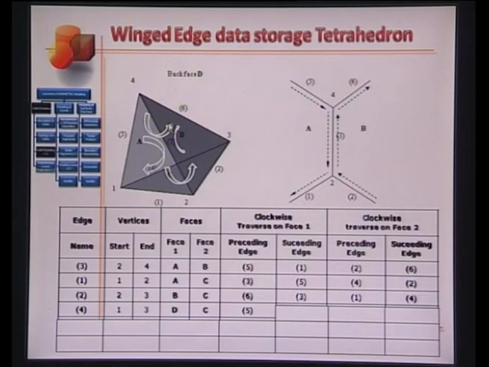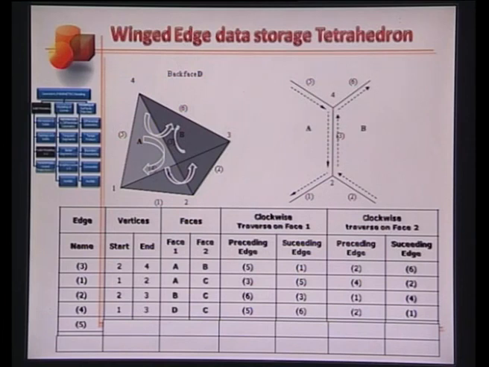Note this orientation here. For the face D, the preceding edge is 5 and the succeeding edge is 6. For face C, the preceding edge is 2 and the succeeding edge is 1.